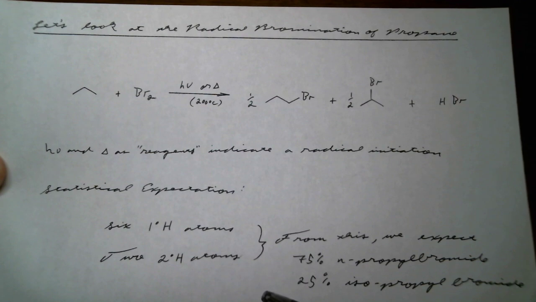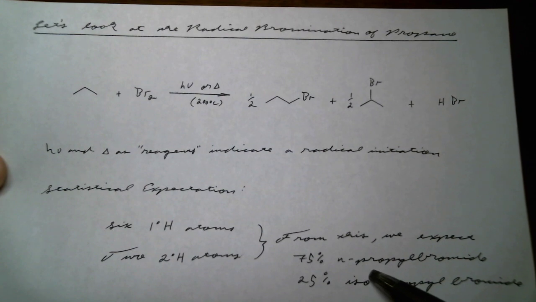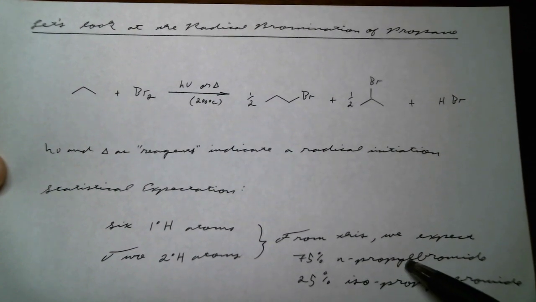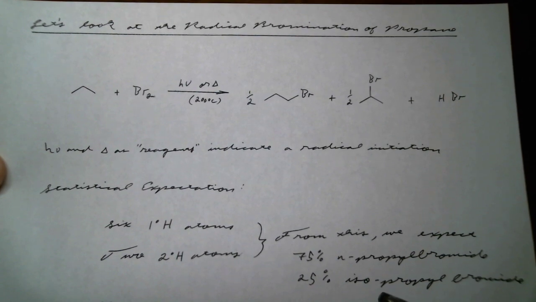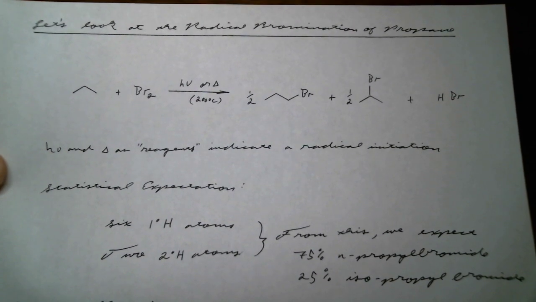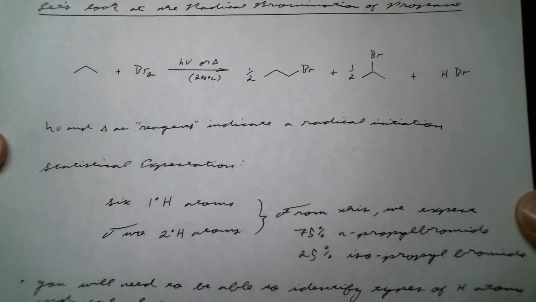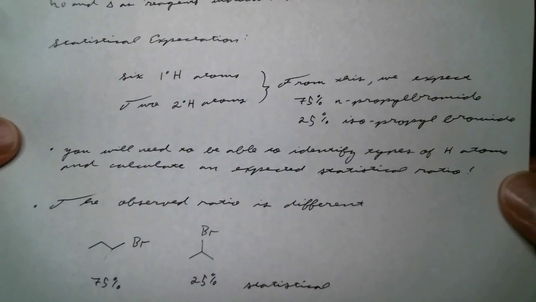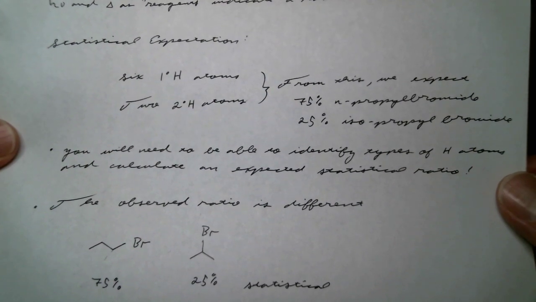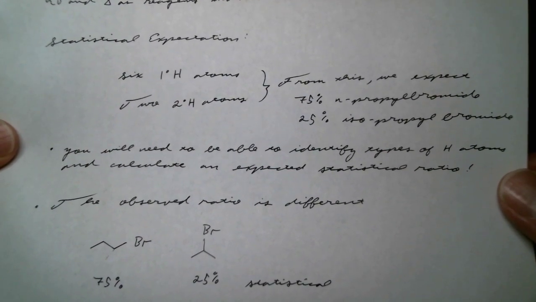So if bromination is a statistical process, we would expect to get 75% of our 1-bromopropane, otherwise named as n-propyl bromide, and 25% of 2-bromopropane, or isopropyl bromide. You will need to be able to identify types of hydrogen atoms and calculate an expected statistical ratio.